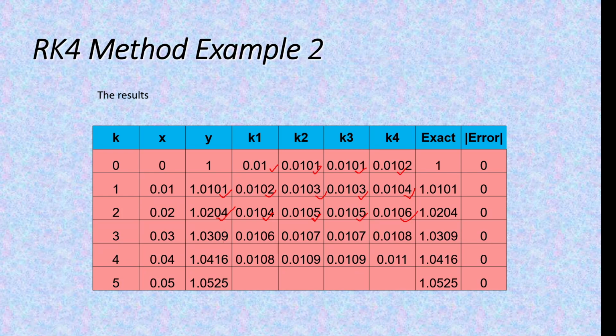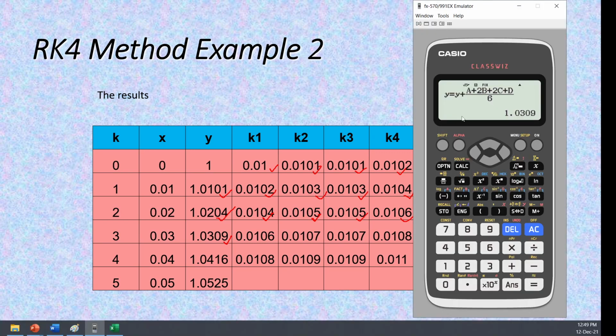Okay, 1.0309. Okay, and then use back. Hopefully the formula is still there. Yeah, why cannot? Cannot get back the first formula because I pressed wrongly just now.